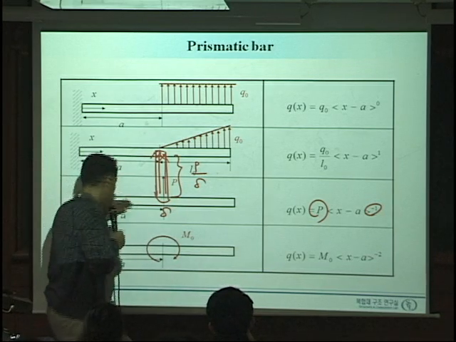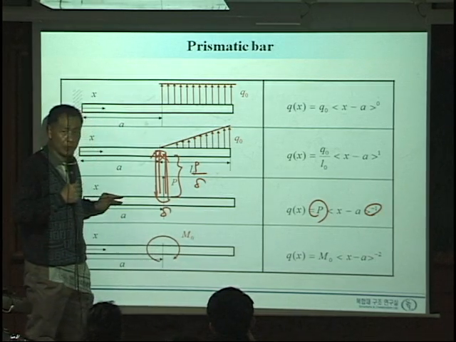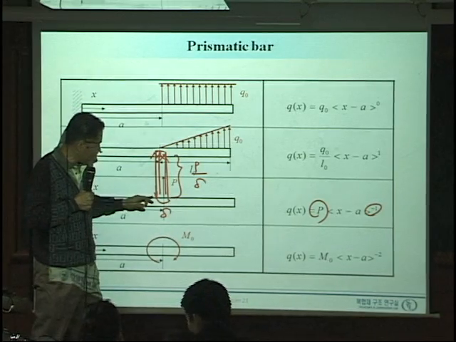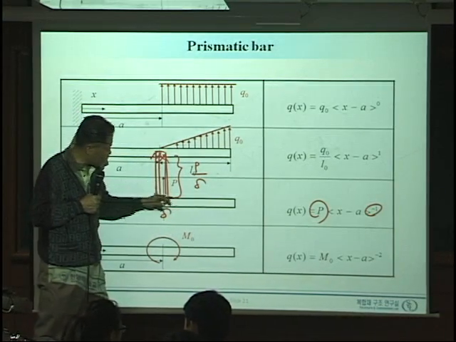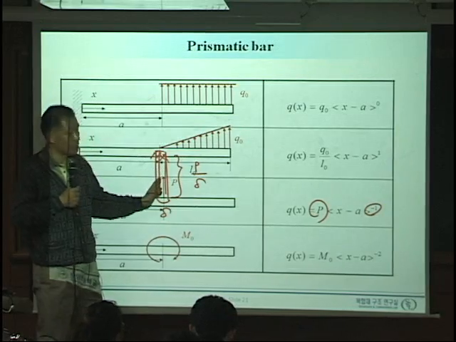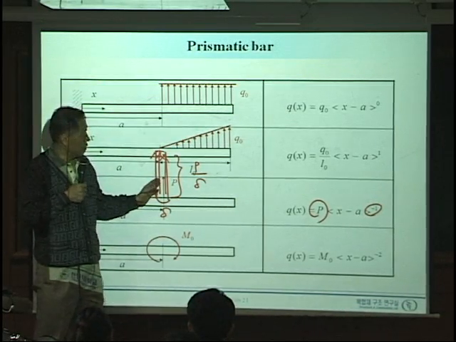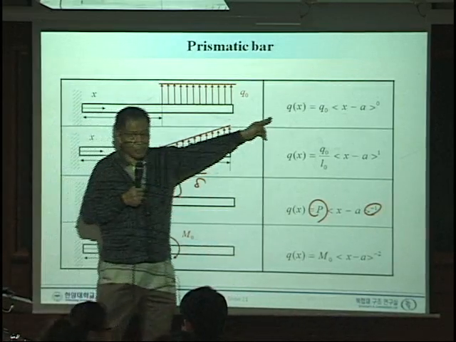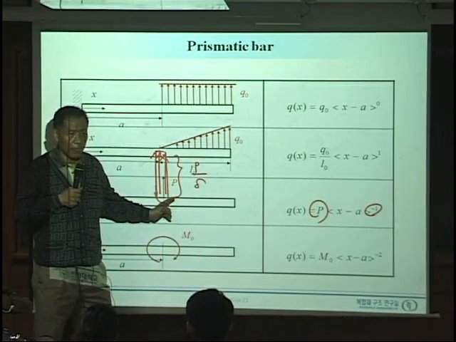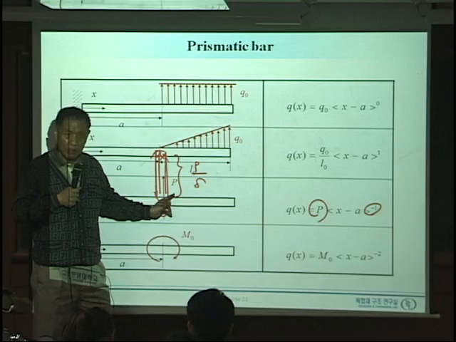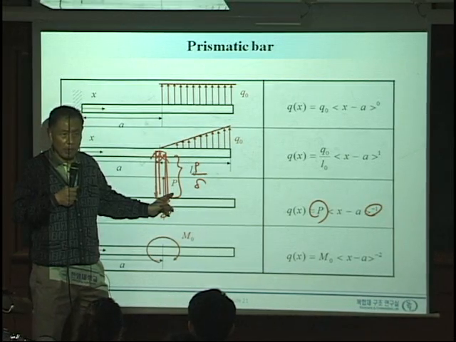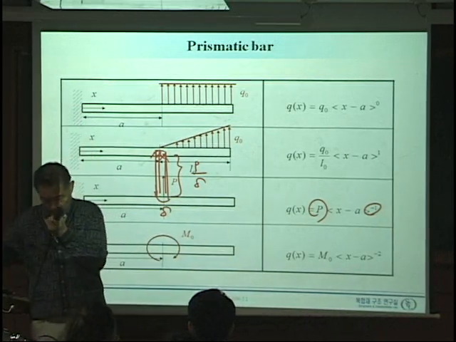So let's just pretend to have a new distributed load which has this amount and then this. And here, this is just a regular force per unit length, the same unit as Qx. It's not the concentrated load, but a limit case.